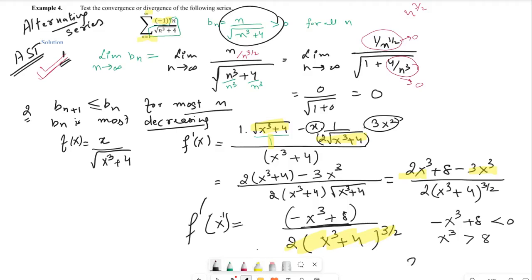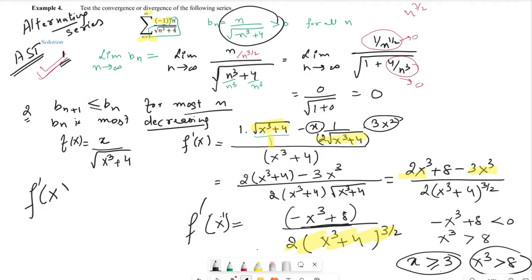But if x is 3 or more, then x cubed will be more than 8, right? So we can say that f prime is negative for x more than or equal to 3, or we can also write it as strictly more than 2.